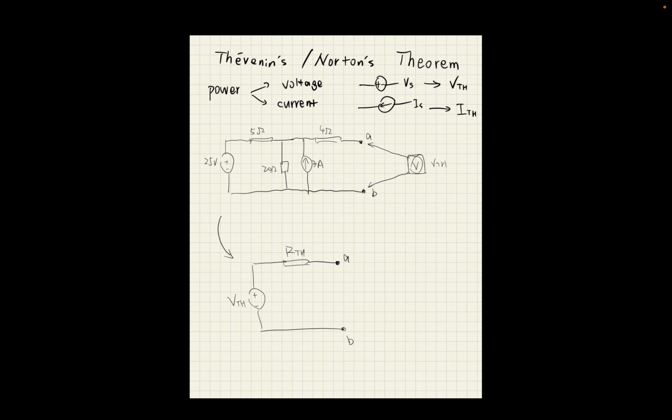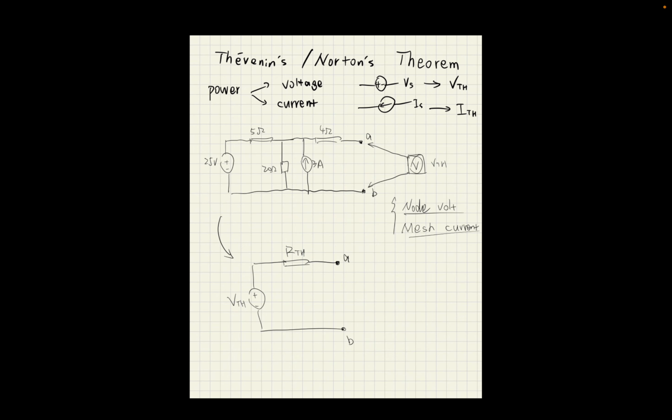I believe you've heard about the node voltage method or the mesh current method. I believe some guys already get it right after they see these two words, because it's just a simple circuit.